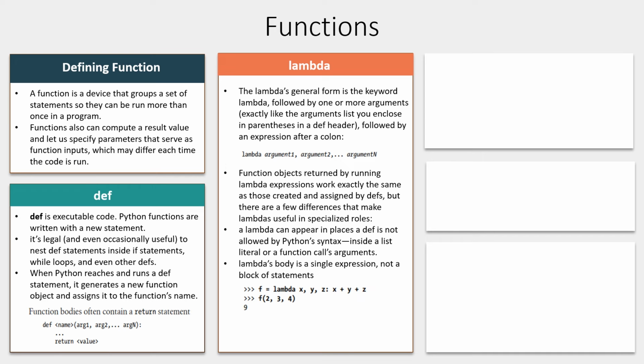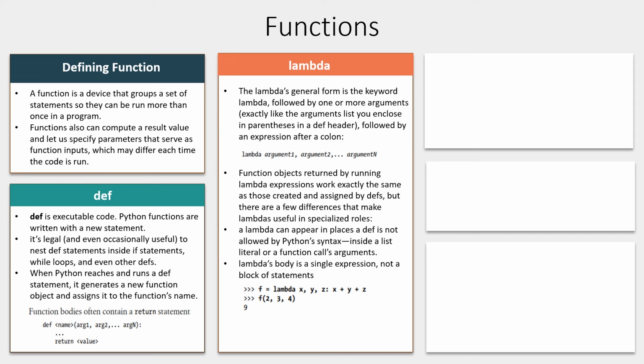So here is our example. Basically f is our reference variable that references a lambda function, and we have arguments x, y, z, a colon, and our statement. That is an expression which does the addition of all arguments.